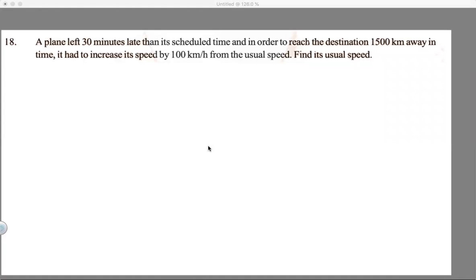A plane left 30 minutes later than its scheduled time, and in order to reach the destination 1500 kilometers away in time, it had to increase its speed by 100 kilometers per hour from the usual speed. What is the usual speed of the plane?